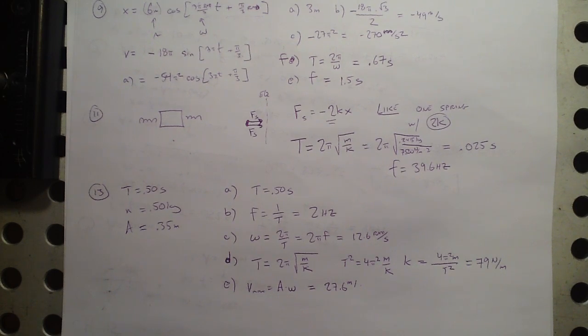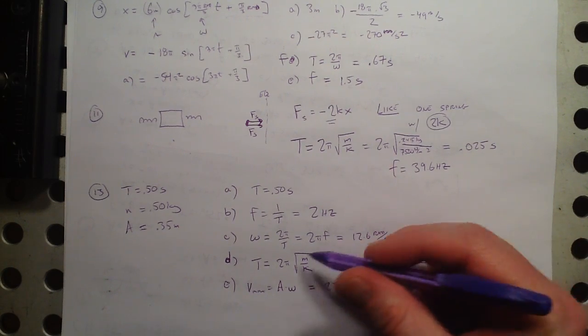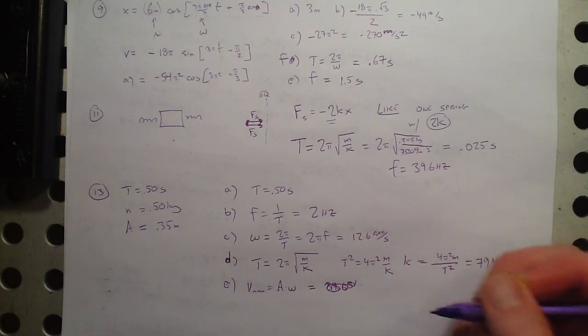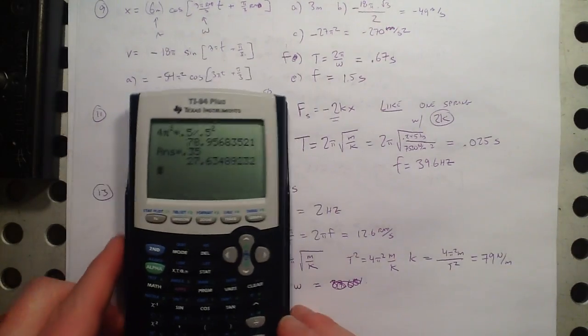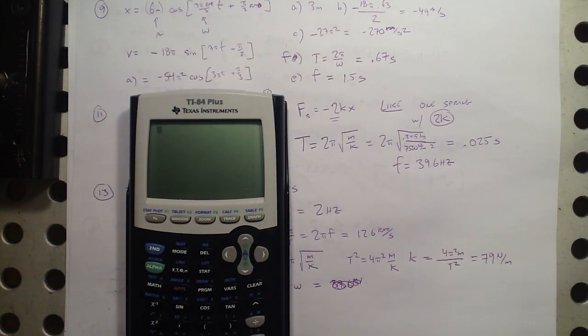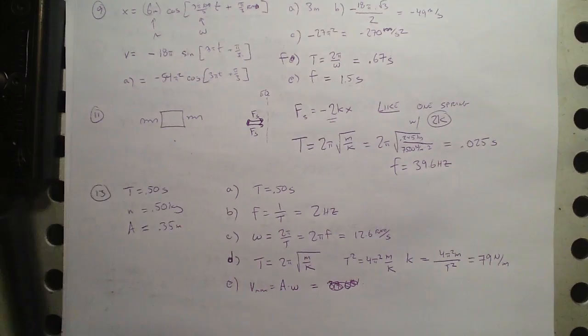That's the amplitude times, oh, I just multiplied by the spring constant. What the heck? Sorry. Let's try that again. I was double taking there because that is the correct answer for F, so we'll have to revisit that. So amplitude, which is 0.35, times omega, which was 12.6. That's about 4.4.